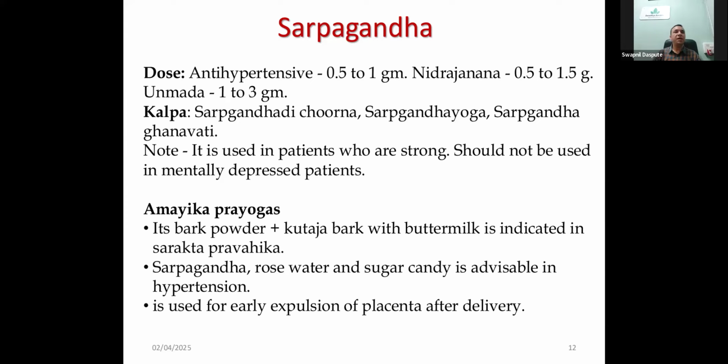So dose of Sarpagandha antihypertensive, 0.5 to 1 gram. Less quantity of Sarpagandha is used as it has very strong properties. Nidra Janana, induces sound sleep, 0.5 to 1.5 gram, and Nidra Janana, or the herbs which are usually used in order to induce sound sleep, they are used at bedtime.